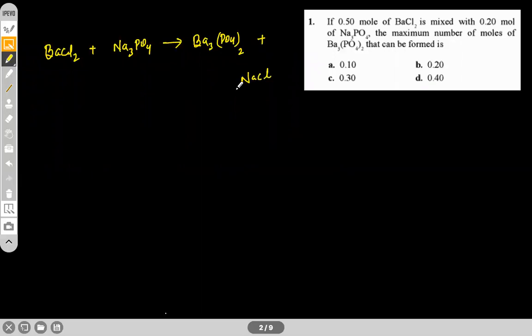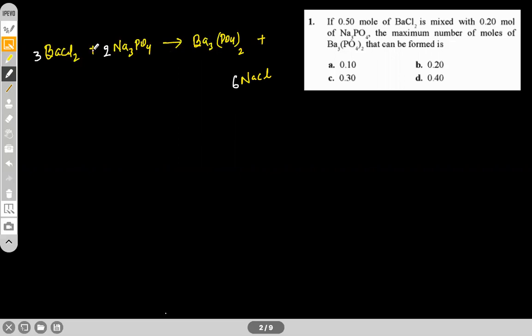This is the reaction we have. Now, first of all, what we need to do, we need to balance this reaction. So 3 Ba we have here, so 3 I'll multiply here. PO4 we have twice, so we'll multiply this by 2. This side is balanced, 6 Na and 6 Cl, so we must have 6 over here.